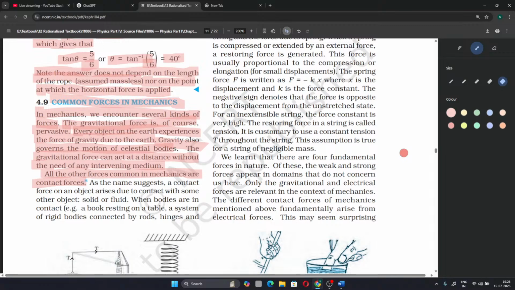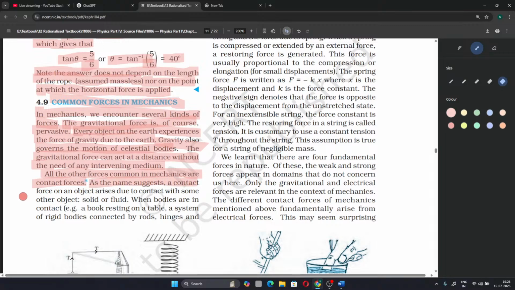Among the common forces in mechanics, except gravitational force, we consider contact forces. Contact forces are basically forces due to the contact of two bodies. But in this case as well, we do not consider electrical and magnetic forces.